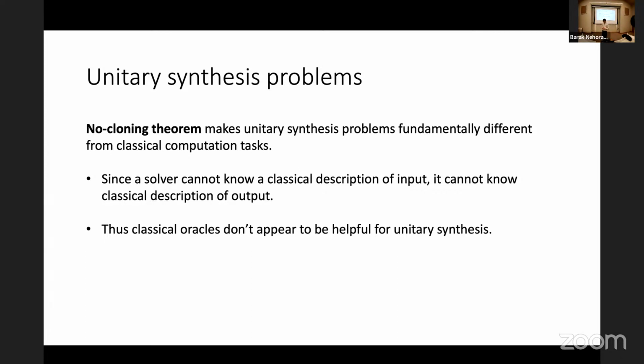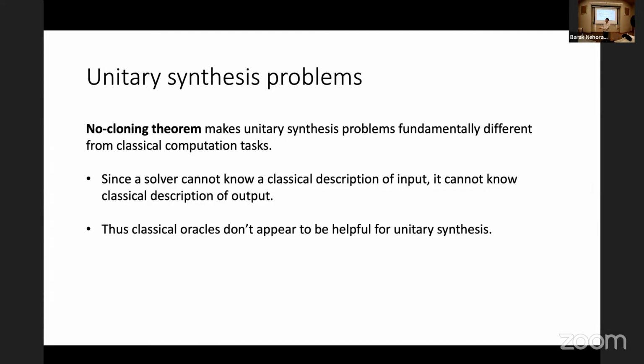And the no cloning theorem in quantum mechanics says that in general, given one copy of a quantum state, you cannot make two copies. So an algorithm that's trying to solve the Uhlmann transformation problem does not have a classical description of the output it's trying to produce. It just fundamentally cannot have it, because it doesn't have a classical description of the input it's trying to transform.